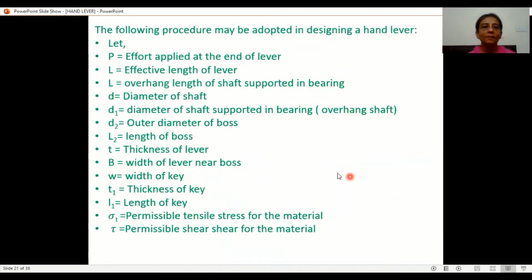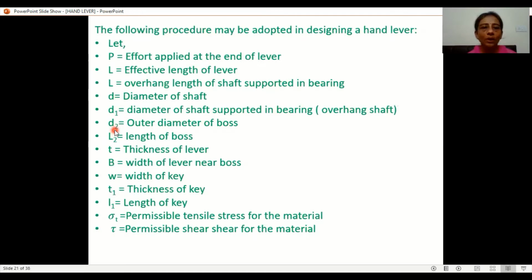So let us see all parameters one by one. P is the effort applied at the end of the lever. L is the effective length of the lever. Small l is the overhang length of the shaft supported in the bearings. D is the diameter of shaft. D1 is the diameter of shaft supported in bearings.